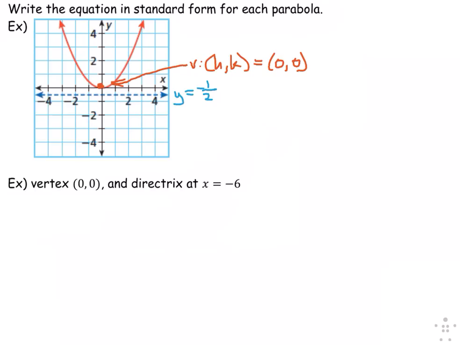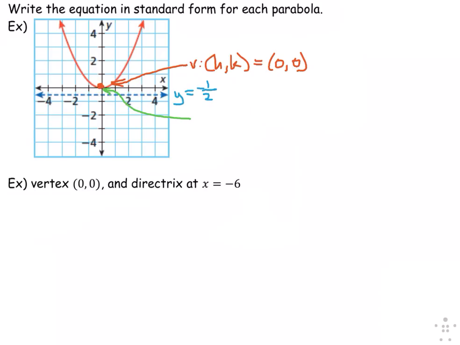And so what that means is the p-value is going to be the distance between the k or y coordinate of the vertex and the horizontal line, the directrix.